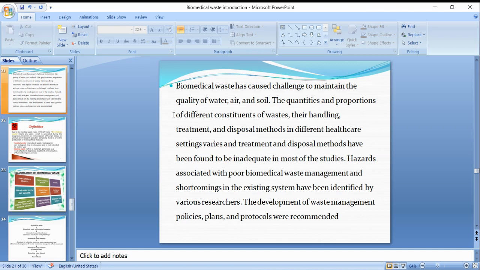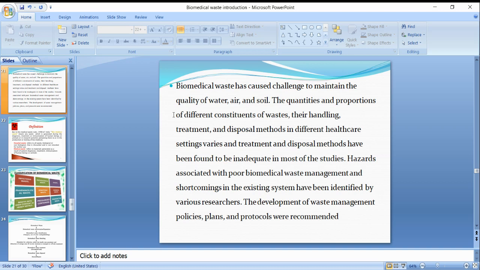The quantities and proportions of different constituents of waste, their handling, treatment, and disposal methods in different healthcare settings have been found to be inadequate in most of the studies.